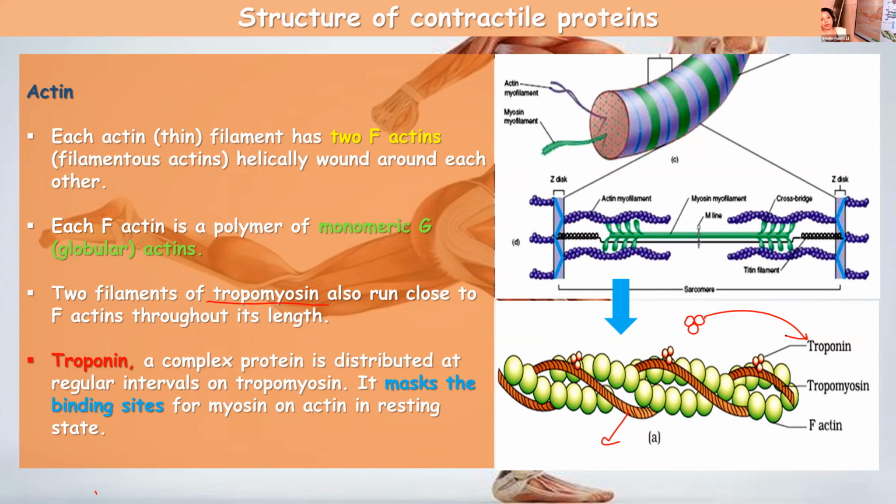binding sites of actin hidden. On the surface of actin, you can find some binding sites. The purpose of having these binding sites is to bind with or attach to the myosin filament to bring about contraction of the muscle.